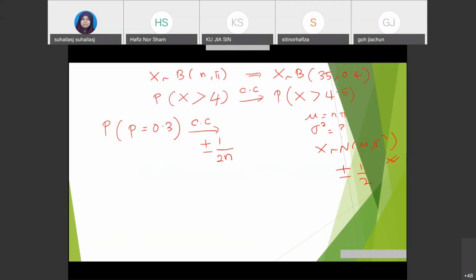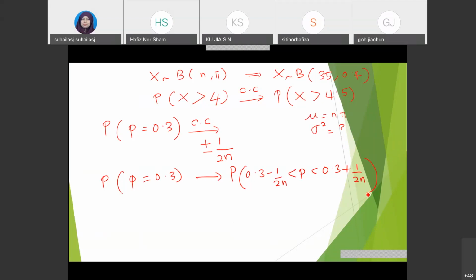So this means that when we have probability P equals 0.3, we will have probability 0.3 minus 1 over 2n less than P less than 0.3 plus 1 over 2n.